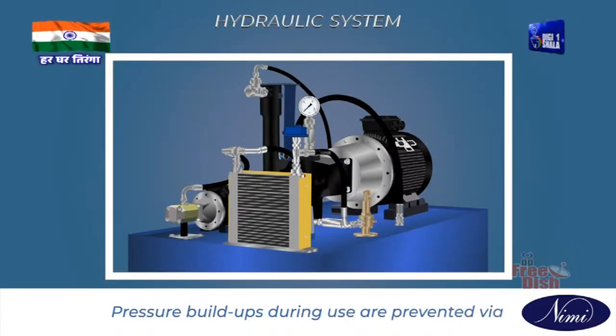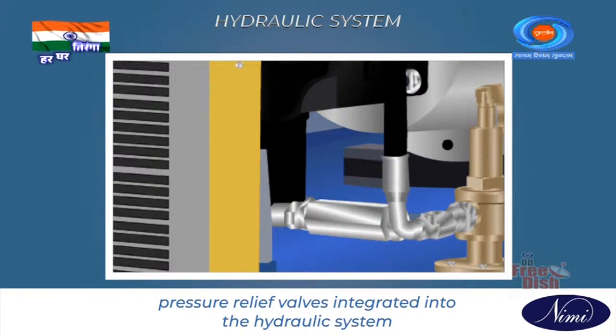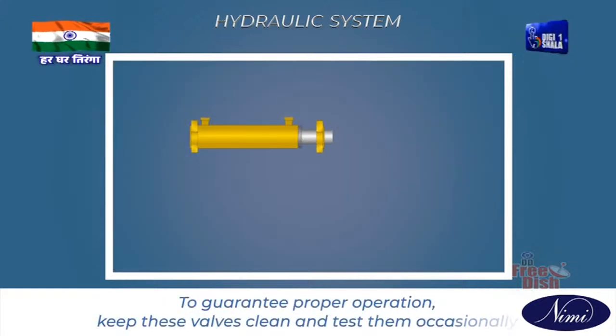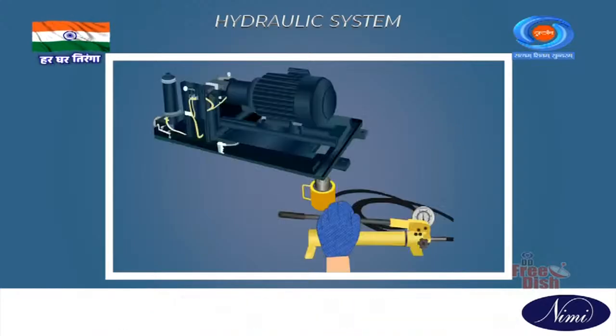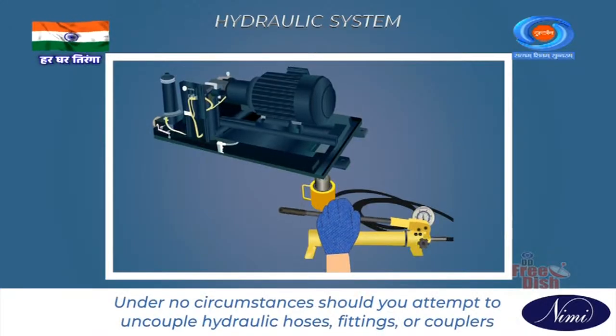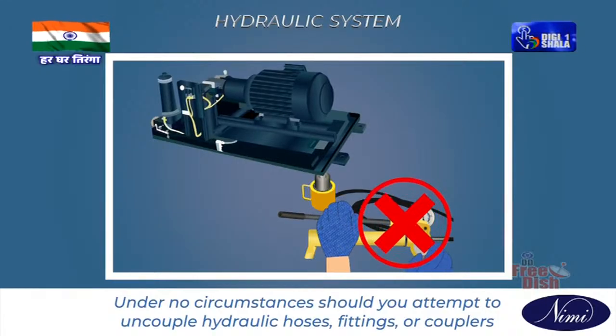Pressure buildups during use are prevented via pressure relief valves integrated into the hydraulic system. To guarantee proper operation, keep these valves clean and test them occasionally. Under no circumstances should you attempt to uncouple hydraulic hoses, fittings, or couplers while under pressure.